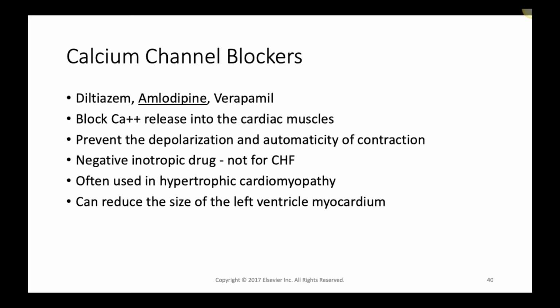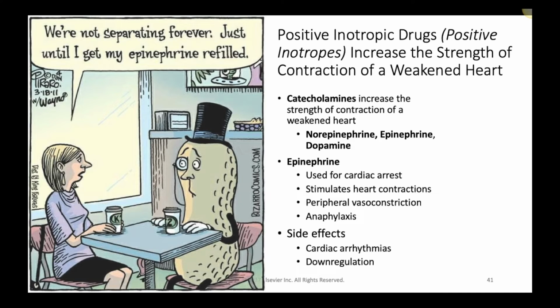They're often used in hypertrophic cardiomyopathy, and they can actually reduce the size of the left ventricle myocardium, which is beneficial in hypertrophic cardiomyopathy. Sorry, I messed up my words there.